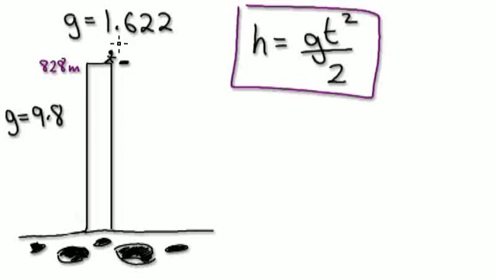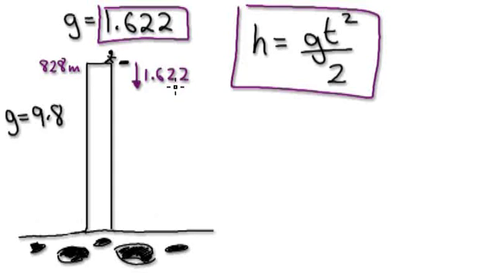On Earth, gravity is 9.8. You can imagine gravity as the strength of the pull towards the moon or the Earth. This has a strength of 1.622 on the moon, and on Earth it is 9.8. So you can see 9.8 is a lot stronger than 1.622.